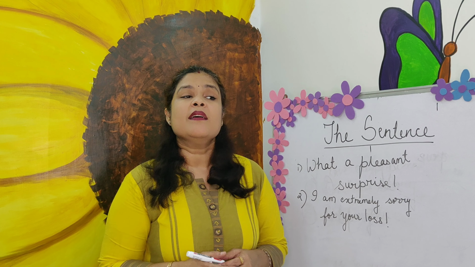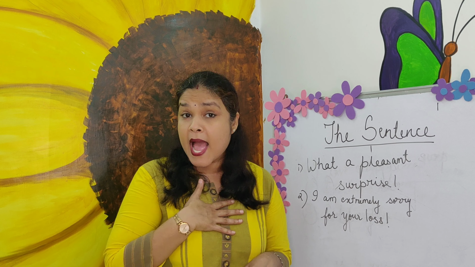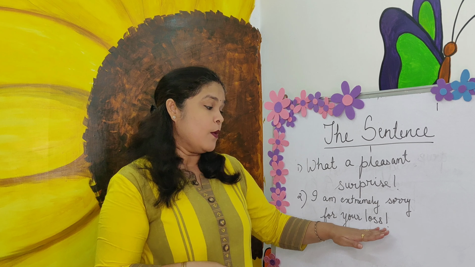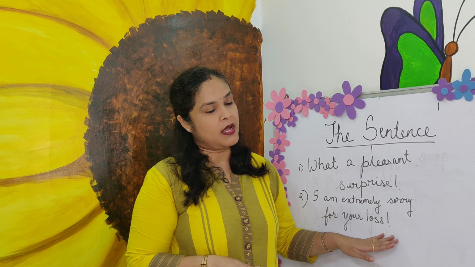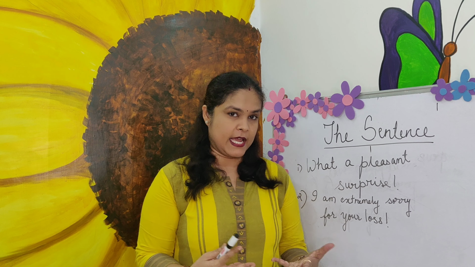So this is showing that you feel for the person, right? It is showing your feelings for the person. So that makes you sad, right? So I am extremely sorry for your loss. What we did? We ended it with an exclamation mark. So with the sentence, you are also able to know that what kind of feeling it is trying to show or convey for that matter.